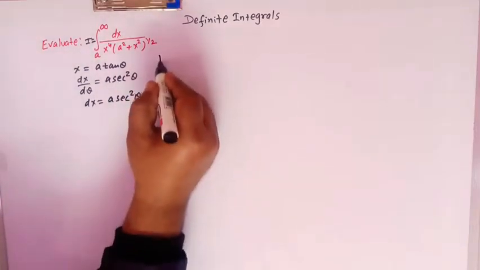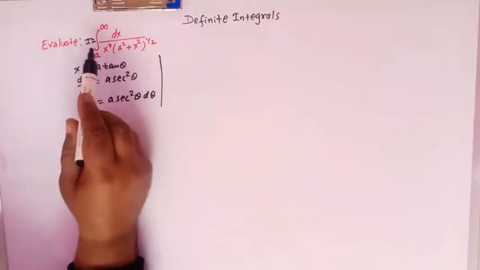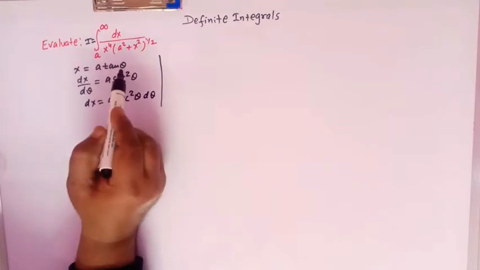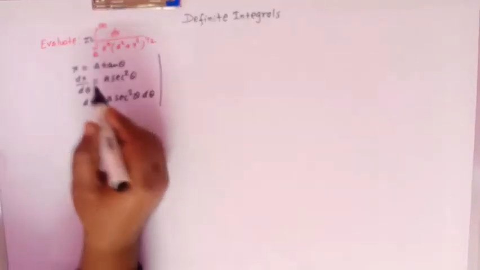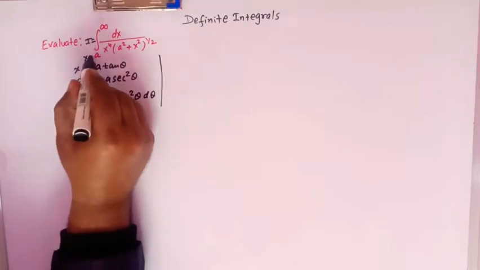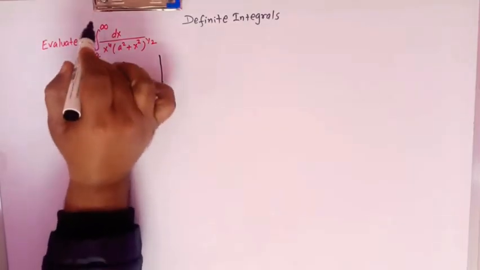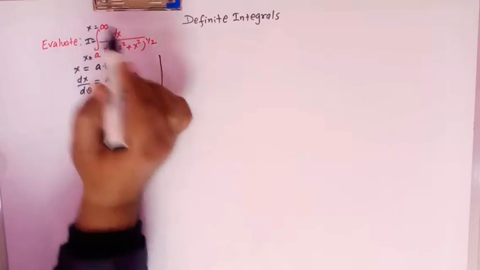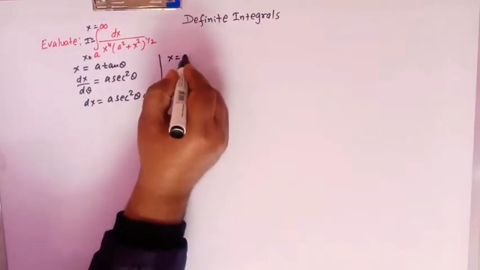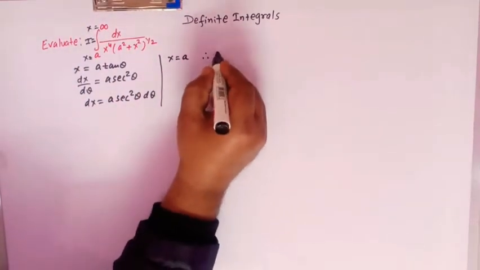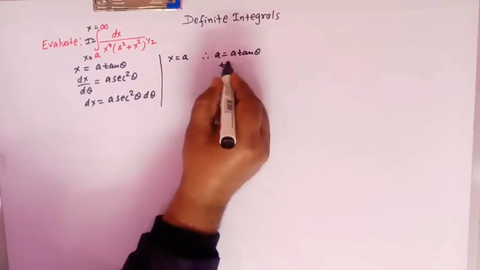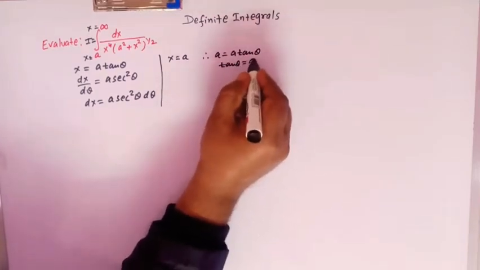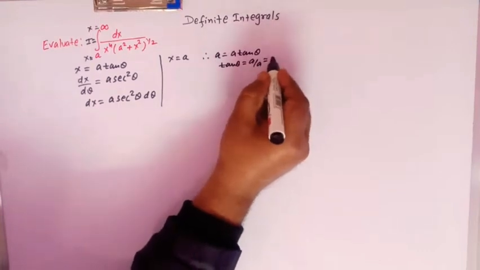Now since we are changing the variable from x to theta, we'll change the limits accordingly. Here x varies from a to infinity, and when x is equal to a, then a is equal to a tan theta, and tan theta is equal to a over a, that is 1.